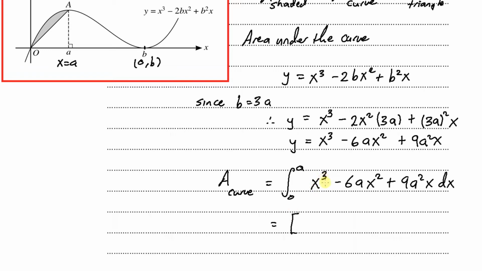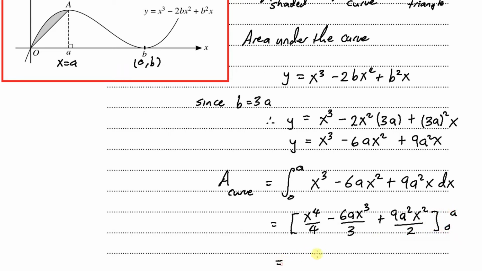Integrating x cubed, we get x to the power 4 over 4, and integrating minus 6a x squared, that's minus 6a x to the power of 3 over 3. And integrating this, I'll get 9a squared x squared all over 2, and that's from 0 to a.